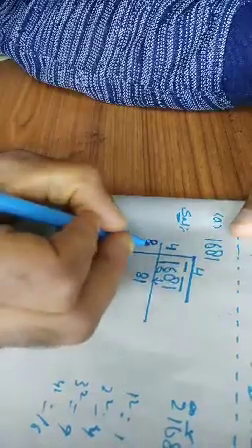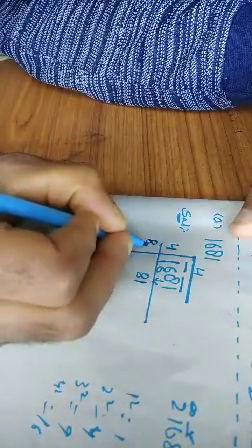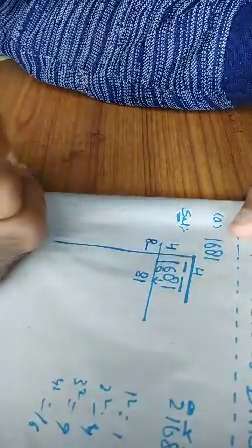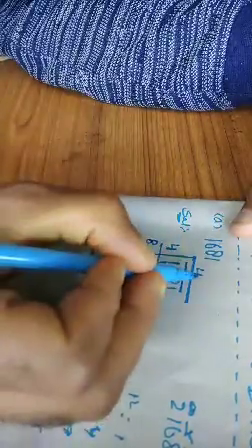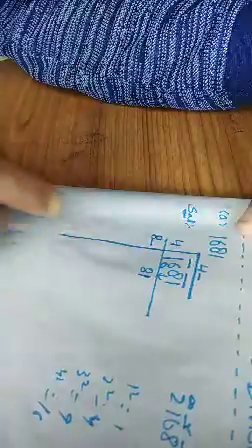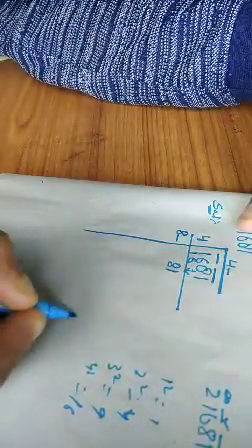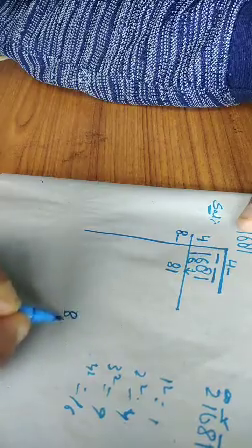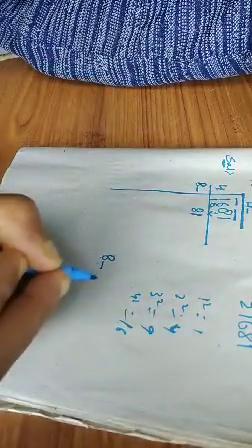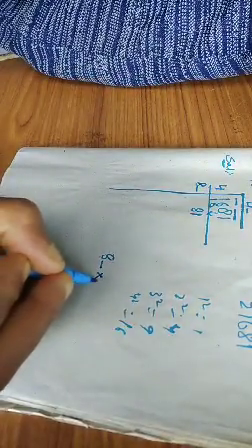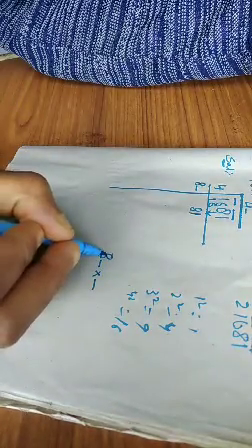And I will leave a blank space here and a blank space here. Now, in order to fill these blank spaces, the next step is, I will write 8 here, and the blank space here into the blank space.